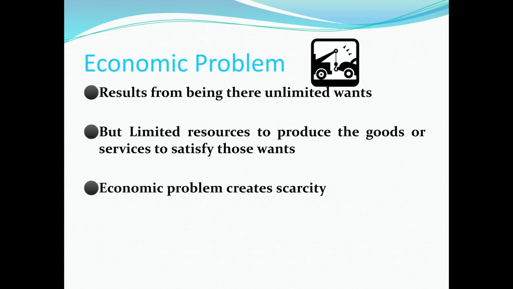Okay, we will talk about the resources in a little bit. So, in short, this is where the problem comes. Unlimited wants, okay, underline that in your notes. Unlimited wants, but limited resources to produce the goods or services to satisfy those wants.